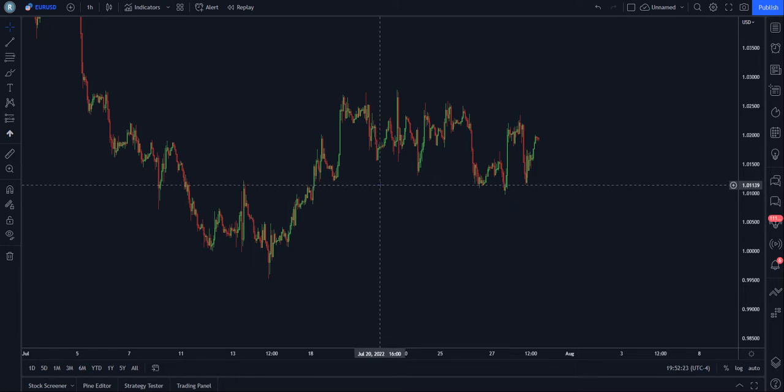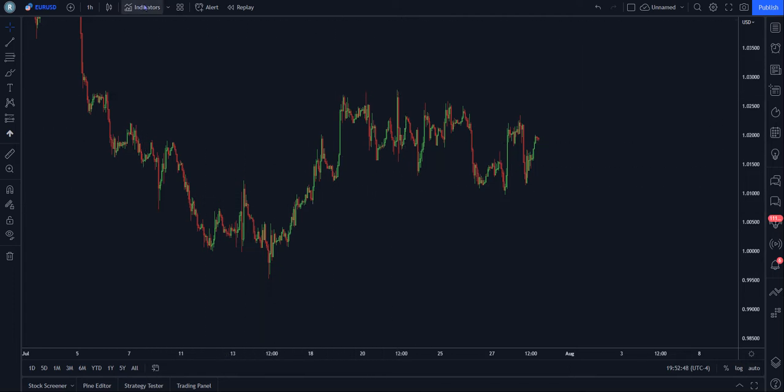It's a pattern, but it's essentially built around liquidity and liquidity grabs. We'll have a brief intro into what those are, and also how to incorporate some divergence into them.